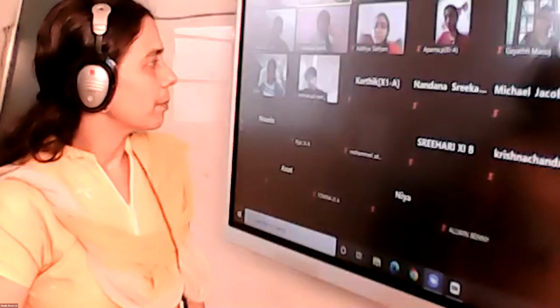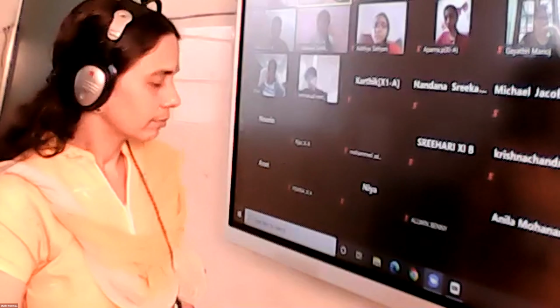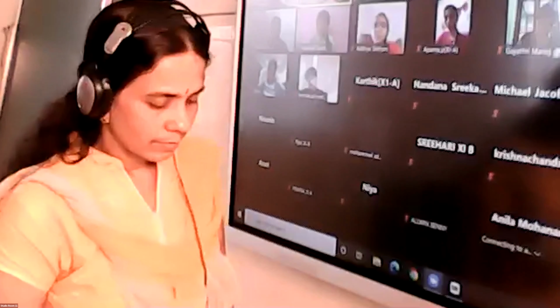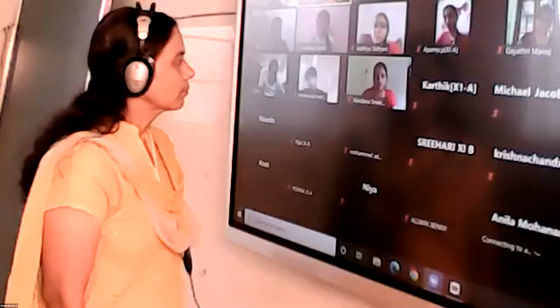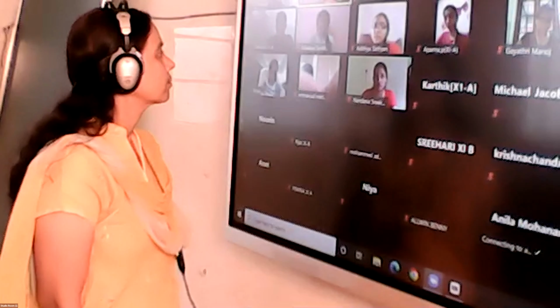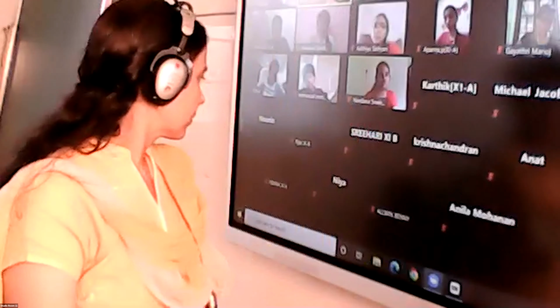What is the length of the major axis? Karthik? Ma'am, 6. 6 units. Okay. Emmanuel, length of minor axis? 4. Okay, correct. Then eccentricity?